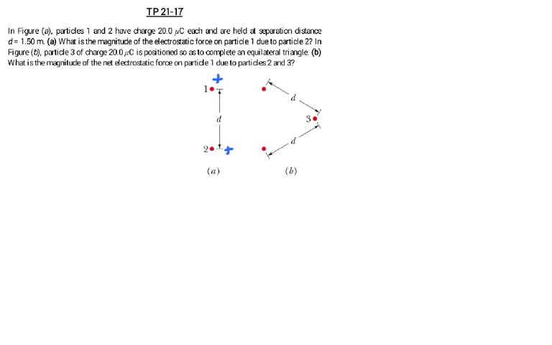Now you may know from middle school, high school, just life in general, that like charges repel each other. So if we draw a free body diagram of particle 1, the only force, I shouldn't say the only force, but the dominant force acting on particle 1 is the electrostatic force.